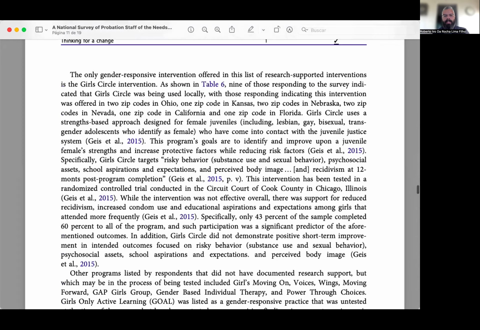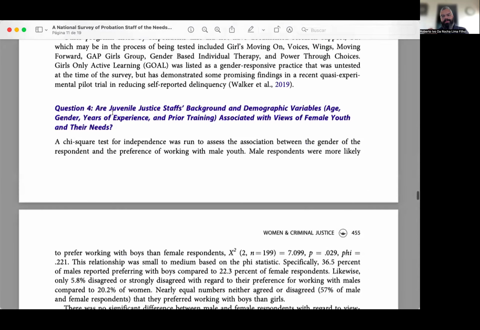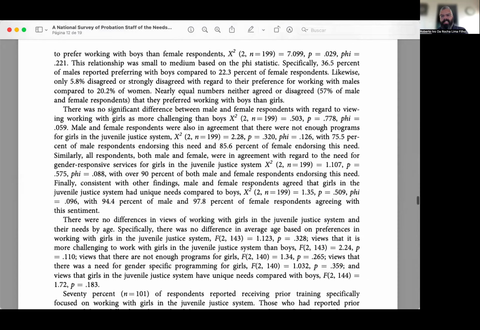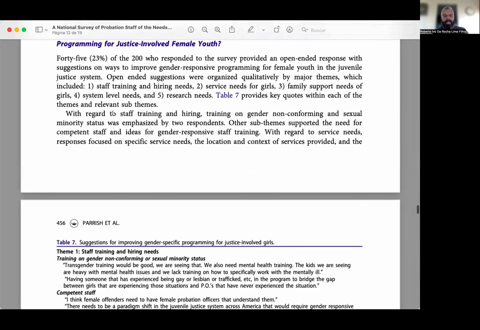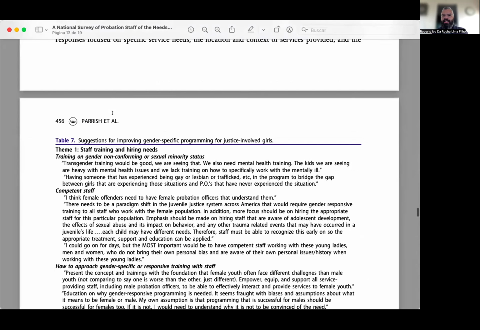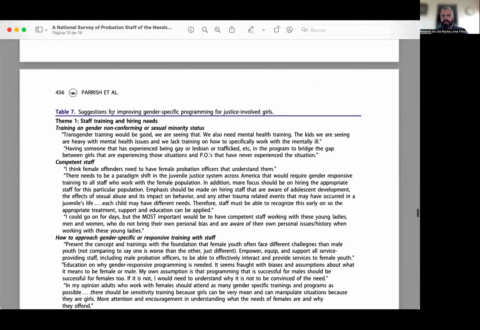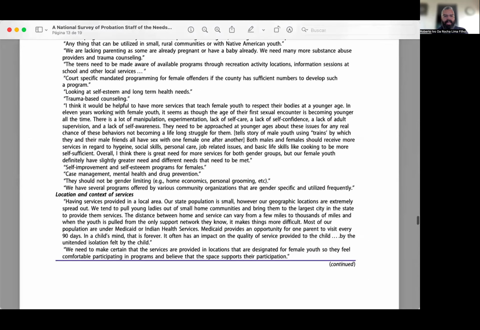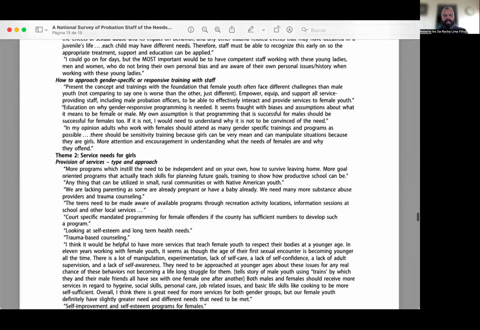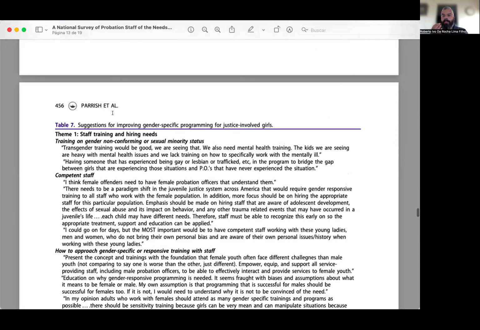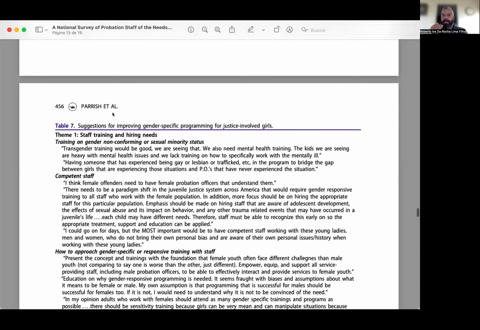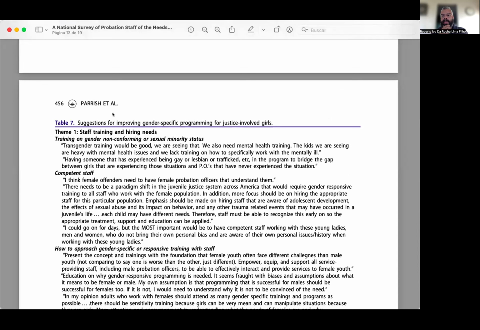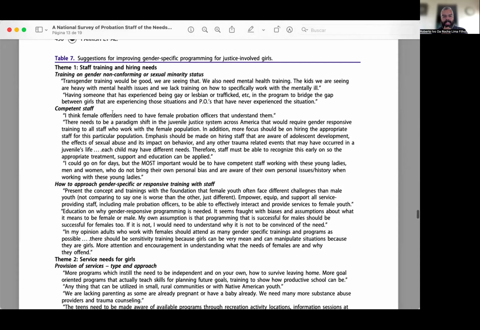So I'm not going to go over question by question, but this is just for you guys to see what it looks like to have a qualitative approach for one specific topic. And here they decided to lay out some information, which is possibly an open-ended response from their survey.